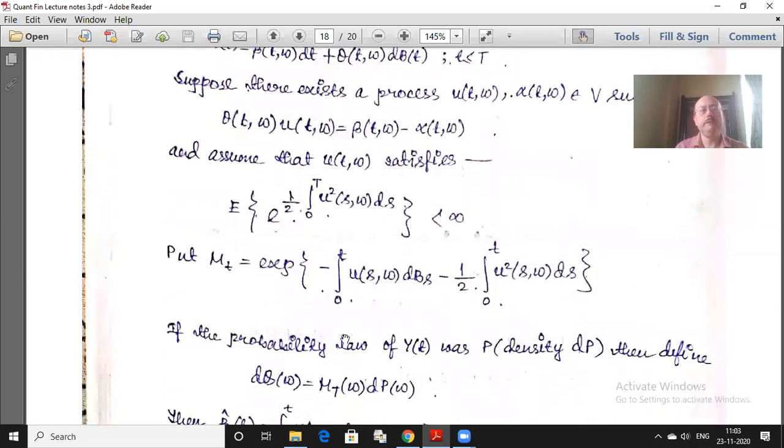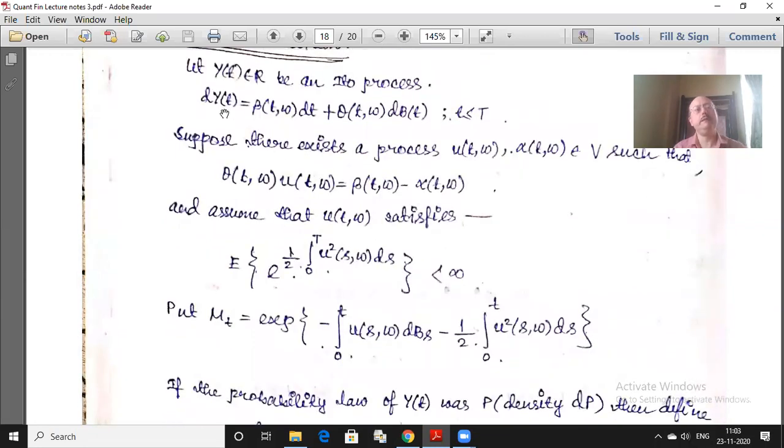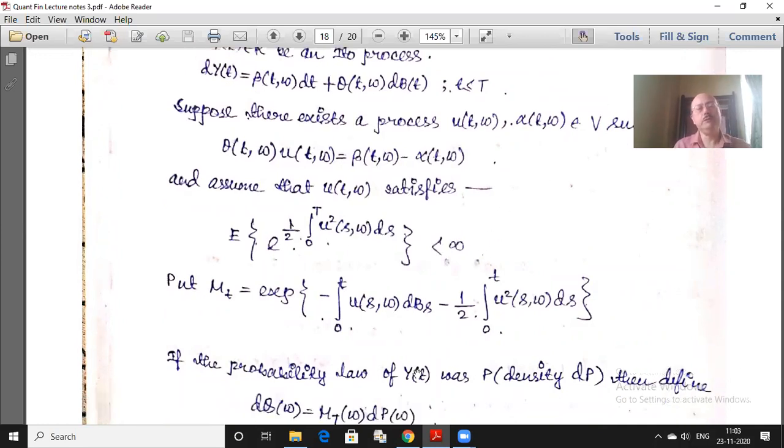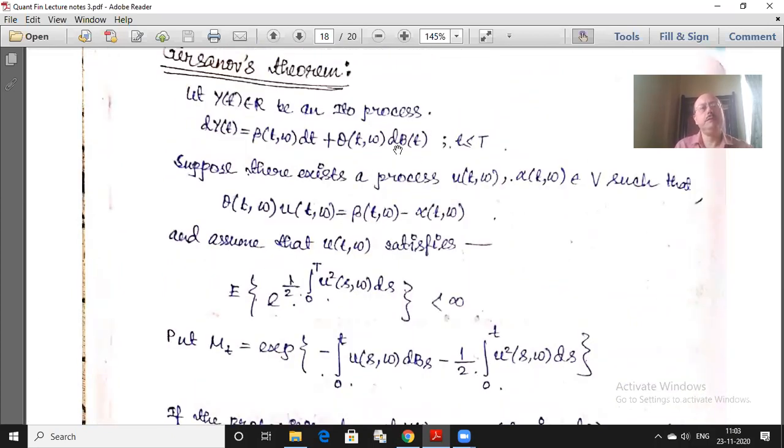So what am I doing? I started out with the original representation of the process y as beta dt plus theta dB. It is an Ito process, no problem. Then I transform both the trend and the volatility coefficient using this relationship, with some restrictions. I also transform the probability law. So this was in terms of dB, the original Brownian motion.